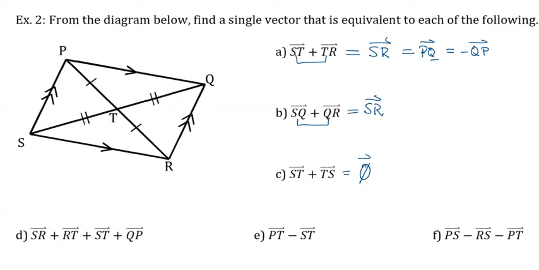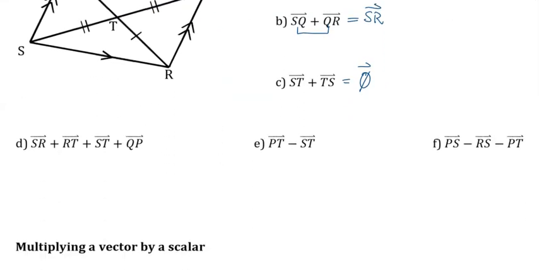I took these two, added them together, and I got ST. Because of the way it's formatted, the R's kind of cancel. But what happens now? ST, and I have to add ST. SQ, because ST and TQ are equal magnitude. So if I go that way and then go that vector again, I would be at Q. So I would be at SQ.